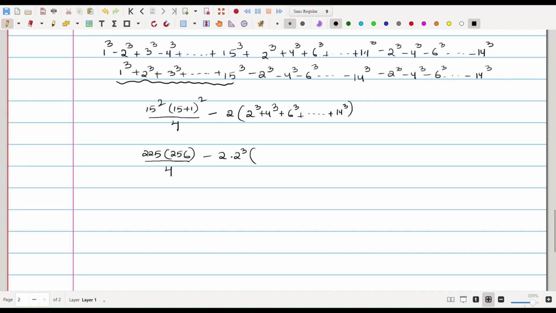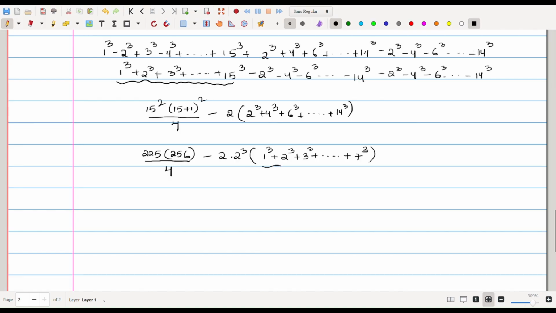If you take 2 cube common, it becomes 1 cube plus 2 cube plus 3 cube and so on up to 14, and taking 2 common, 7 will be left over. So this is 7 cube.